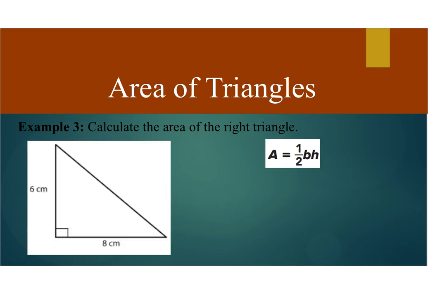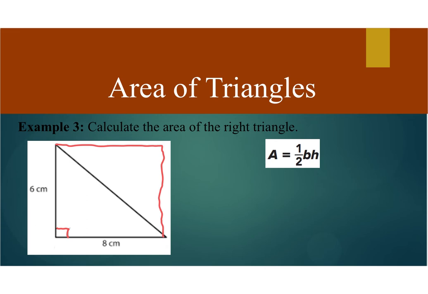Area of a triangle. So area of a triangle is 1/2 base times height, because if you can see, the triangle itself is exactly 1/2 of a rectangle. This is the same as a trapezoid, where you have to calculate the height where there's a right angle with the base.